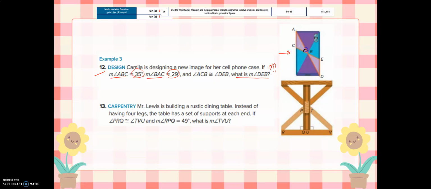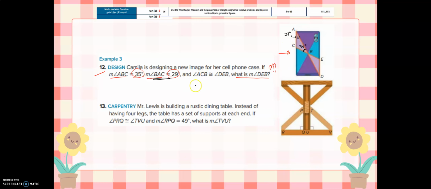Okay, so this is the 35 degrees angle. All right, and then it says here the measure of BAC. So from BAC, so this angle is equal to 29 degrees. So according to this it is 29 degrees.